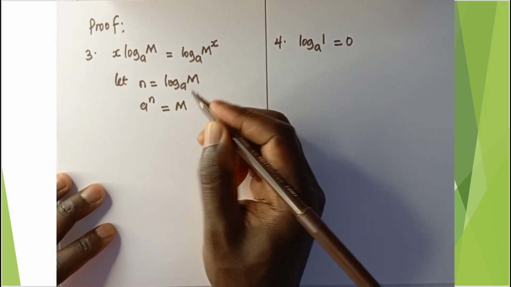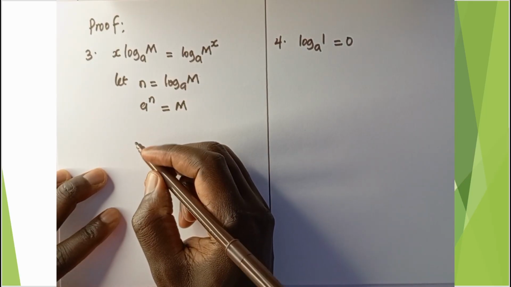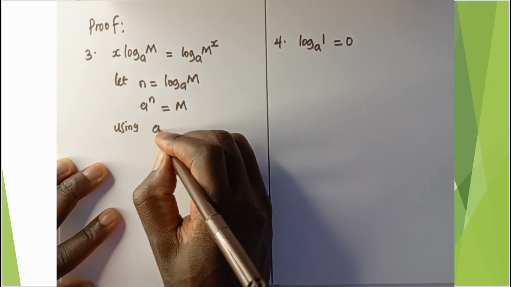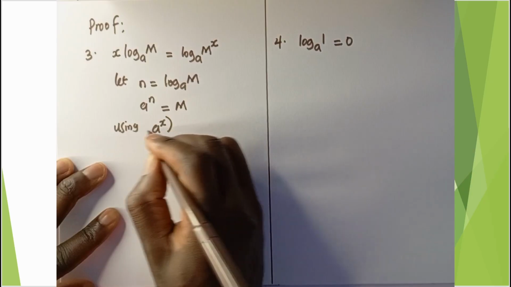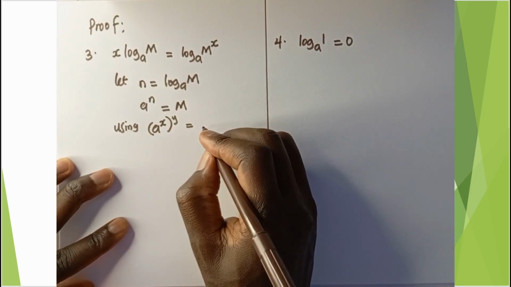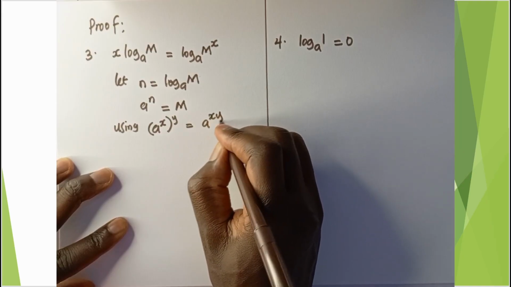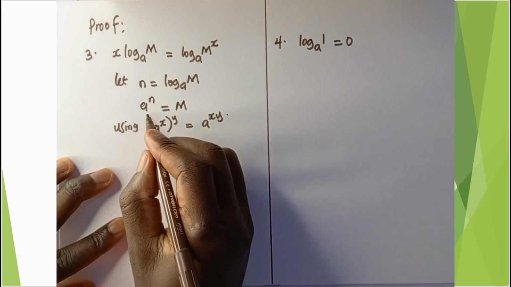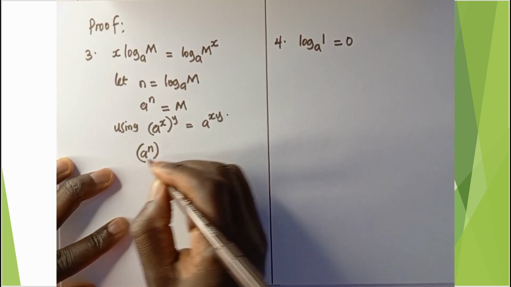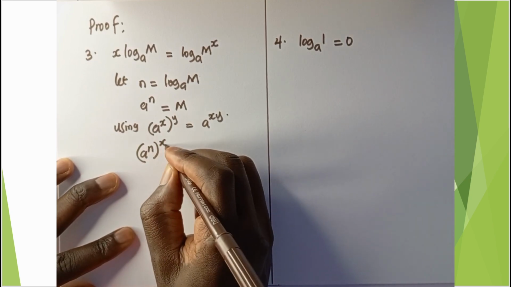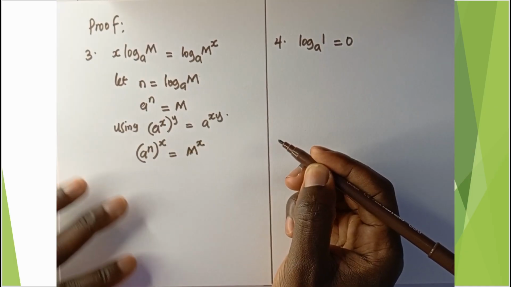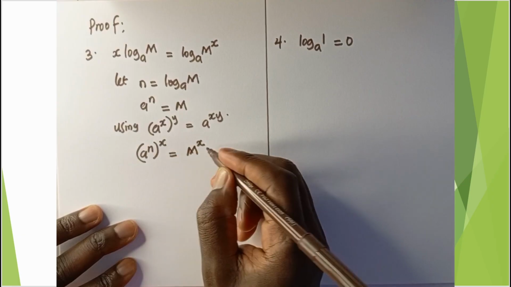Now, using the law of indices that tells us that if I have a to the power x and then I raise it to the power y, it is the same as a to the power xy, I am going to do the same here. I will say a to the power n and then to the power, for example, x, and I also raise the other side to the power x. So I do it on both sides.